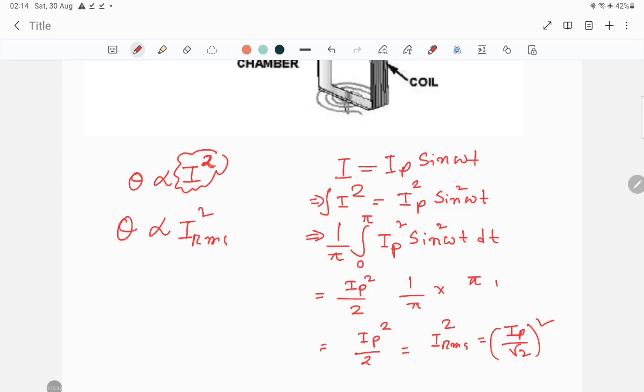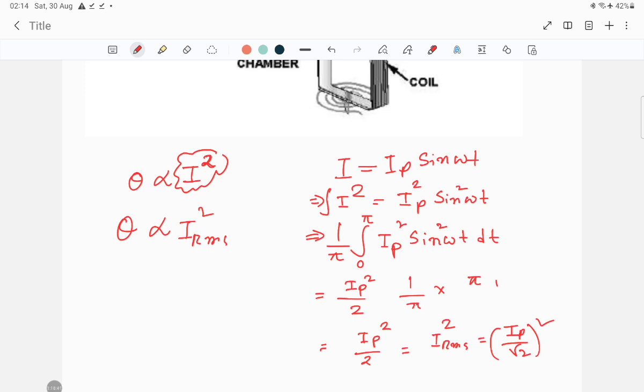That's why in the calibrated scale you have to provide the RMS values. That's for AC. And for DC, what's the RMS value of any DC value? The RMS of any DC value is the DC value itself.